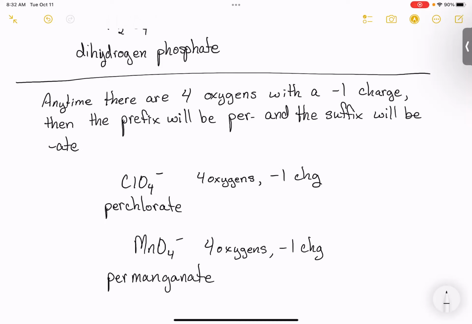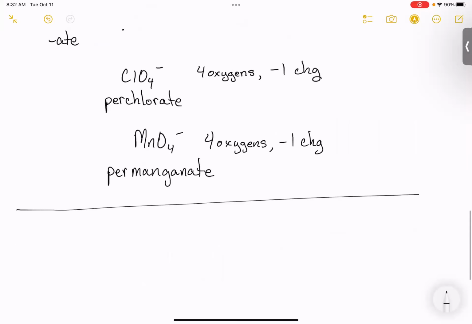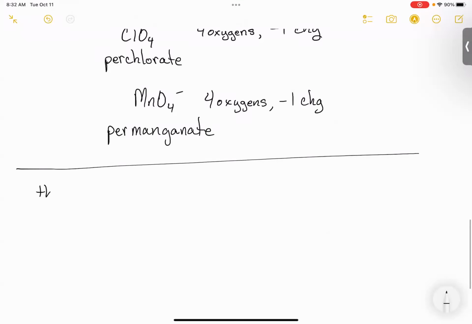As I said at the beginning, I can't give you trends for everything. But if you know these trends, you know a lot of your ions. There are going to be some that I can't give you, like hydroxide, cyanide. I will give you one more that will help you.